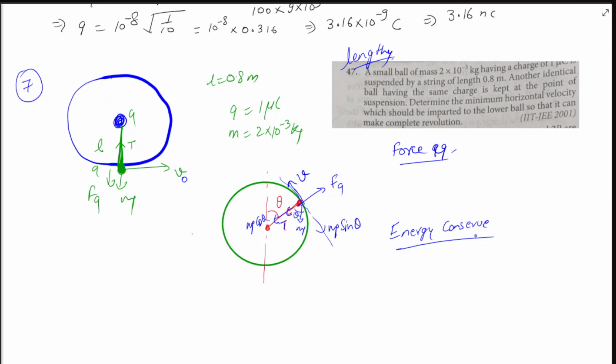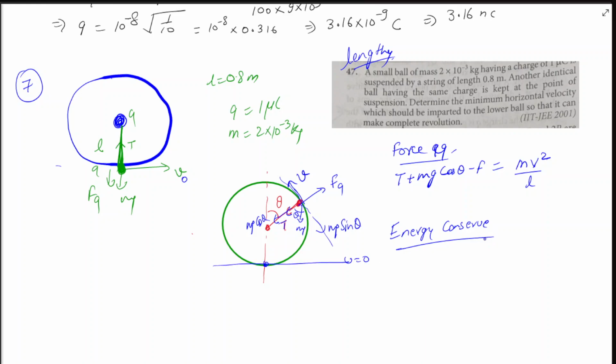Let's do it. Let's equate the forces in this direction. So we will have T plus mg cos theta minus F equals mv square by R. R is L, right? Now let's write this is our initial.